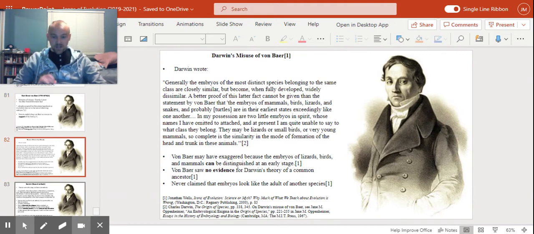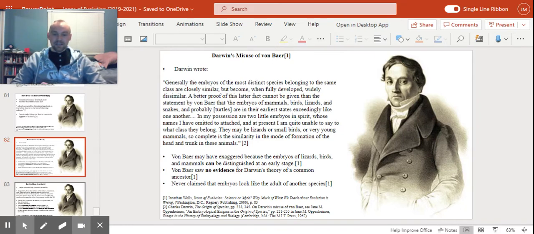Darwin wrote, "Generally the embryos of the most distinct species belonging to the same class are closely similar, but become, when fully developed, widely dissimilar. A better proof of this latter fact cannot be given than the statement of von Baer that, quote, the embryos of mammals, birds, lizards, and snakes, and probably turtles, are in their earliest states exceedingly like one another.